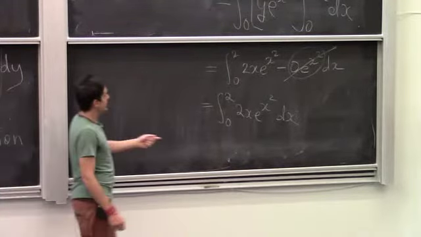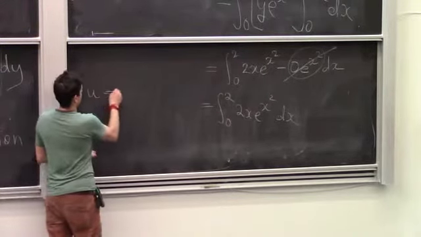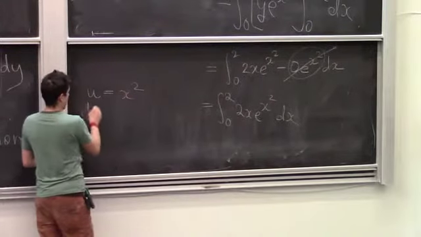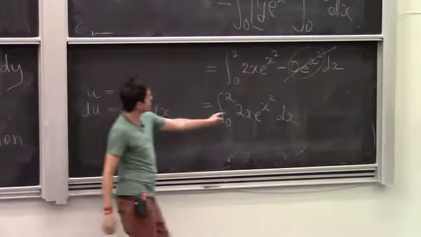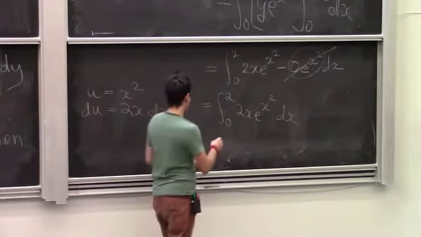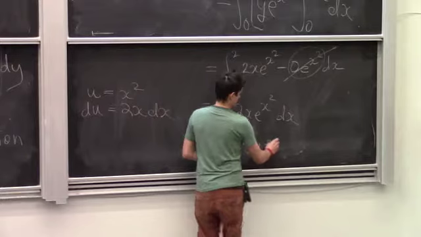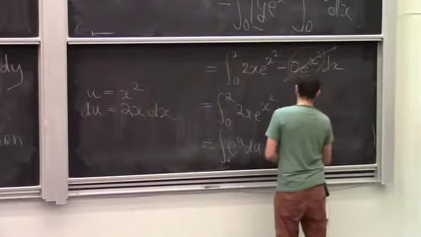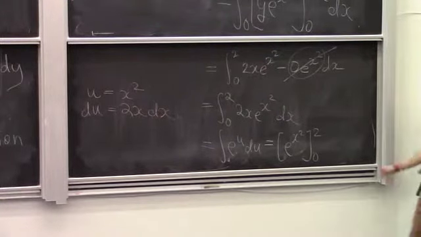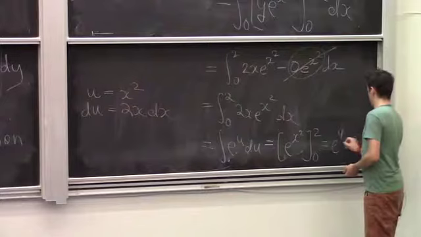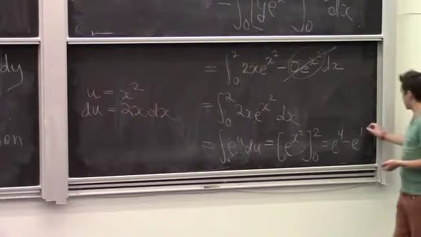We can say, this is a nice integral if I take u equal to x squared. I get du is 2x dx. I've got a 2x dx, so I can name this whole guy the following thing, and I get e to the 4 minus e to the 0.